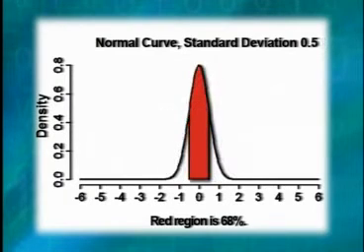And if it's very thin like this, with a standard deviation of 0.5, still the material that's one standard deviation from the mean is 68%. So that's why, in comparing different normal distributions with different spreads, we can get a sense of how much material is a certain distance from the mean.